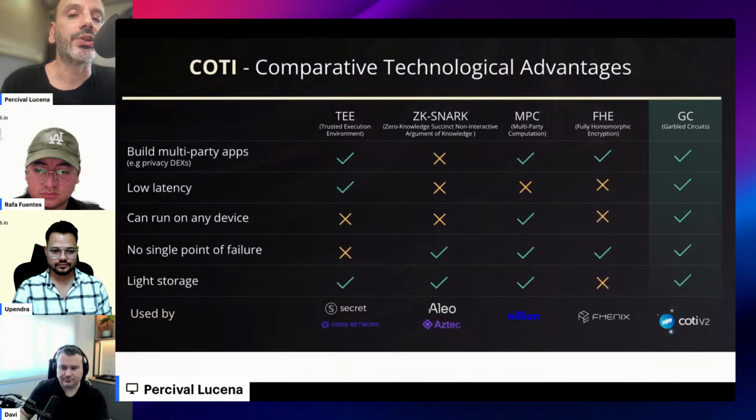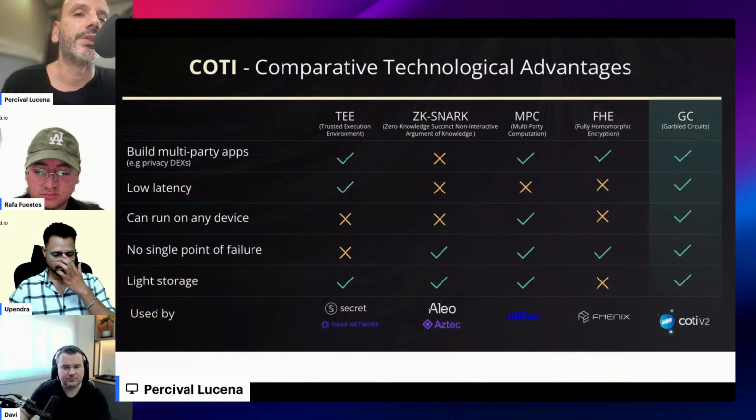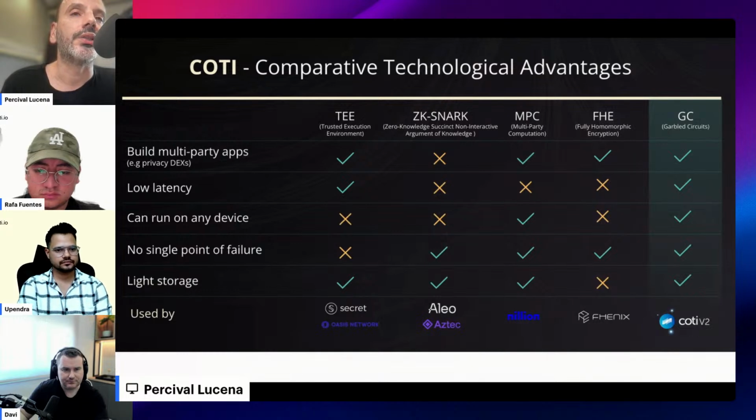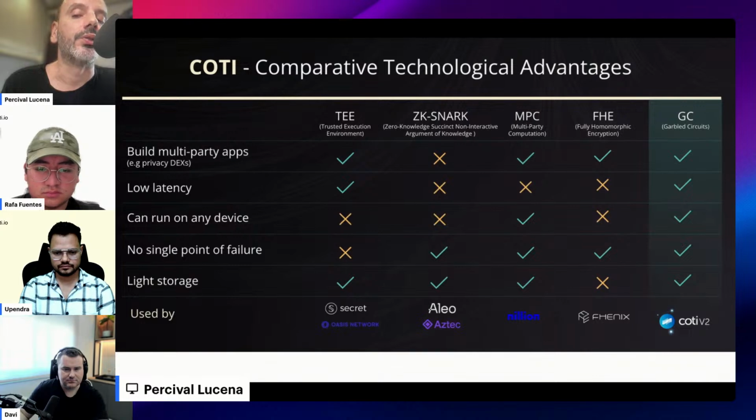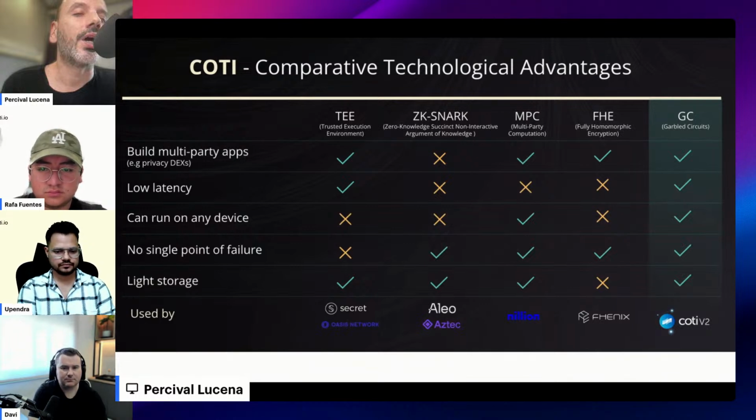And there are also several advantages for people who are already exploring this space of privacy. If you compare the Coti network with other solutions that are being developed and are still not quite ready to use, you're going to see that the Coti network is a very lightweight, very fast solution that allows those private transactions on the blockchain in a very simple way.